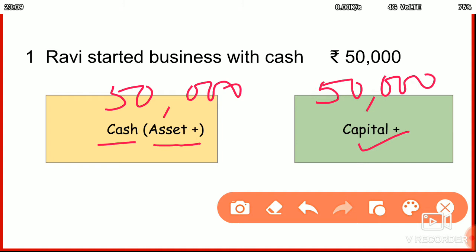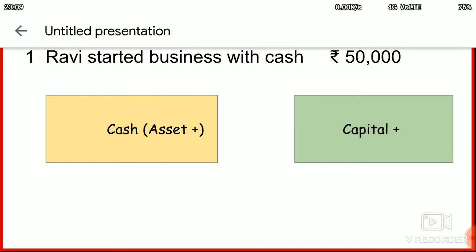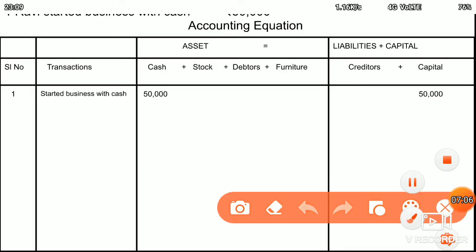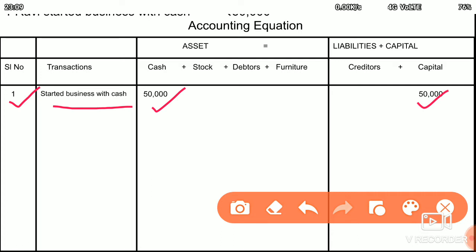So when we present the effect of this transaction in the accounting equation, this is how we will present it. In the first column, we'll write 1. Then we will write briefly the transaction, that is started business with cash. Then below the cash, we increase cash by 50,000, and below the capital column, we increase capital by 50,000.